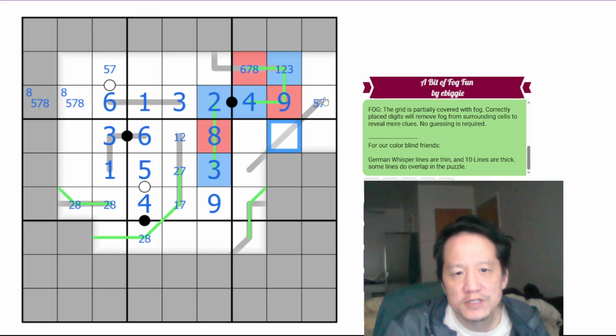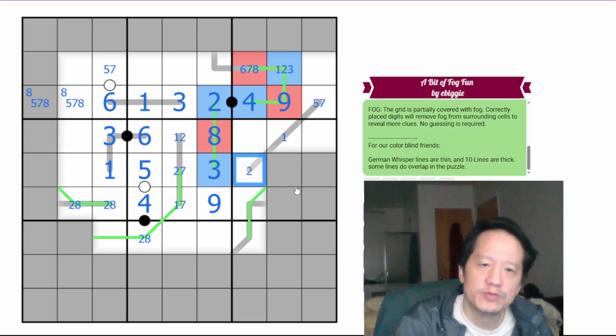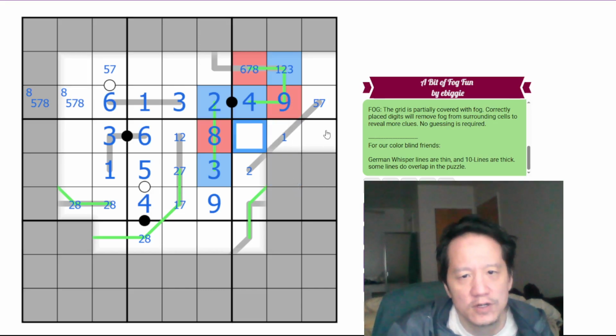This could be 7 with 1 and 2. That's possible. This would be 1 and this would be 2 if that were the case. It could also be 5 with 1, 4, but 1, 4 can't work there. Or 2, 3. Okay, that doesn't work either. This has to be then 7, 1, 2, right?